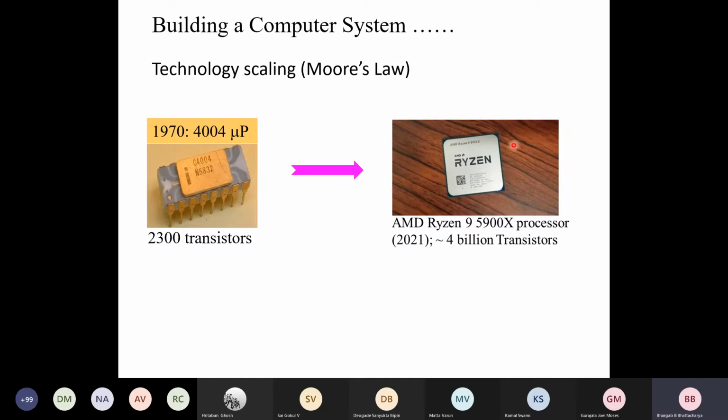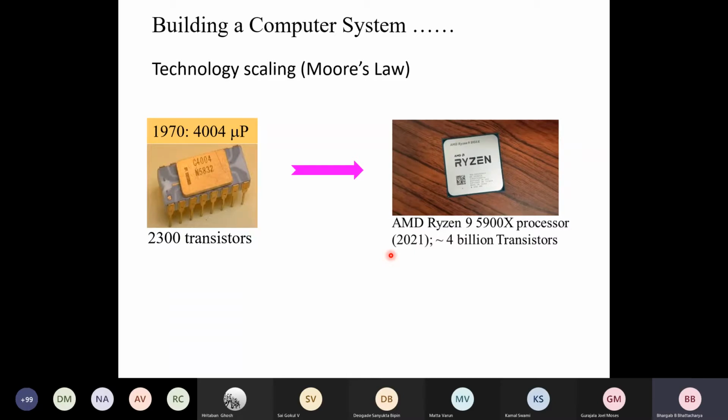So you might wonder, if you are asked to design a processor with 4 billion transistors, how do you handle such a large and complex design? One thing, obviously, is that technology has advanced so far. Memory technology has advanced, logic design technology has advanced, the semiconductor fabrication procedures have advanced, and so on.